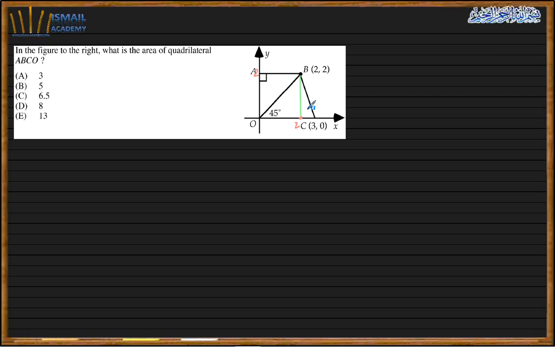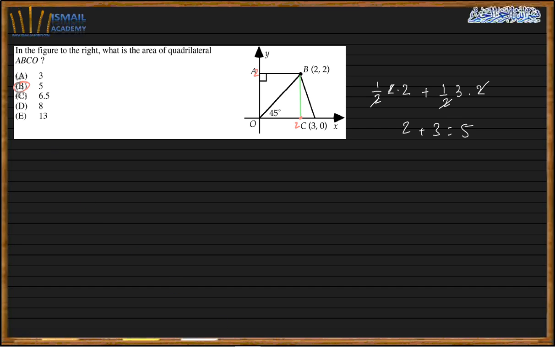The base of the second triangle is 3 and the height is 2, so I just need to add both areas. The area of the first one is half base times height, which is half times 2 times 2, plus the area of the second one, which is half times 3 times 2. The halves cancel out, so it's going to be 2 plus 3, which is 5. So B is my choice.